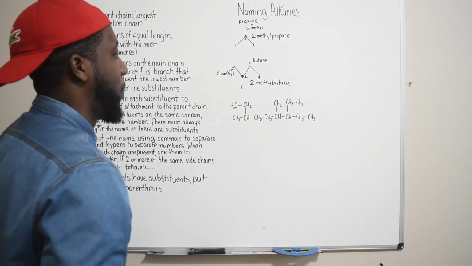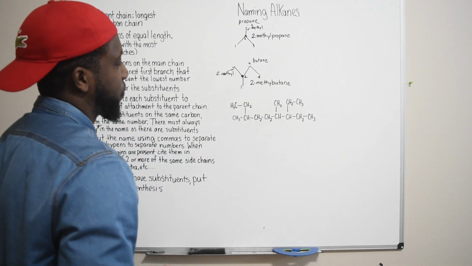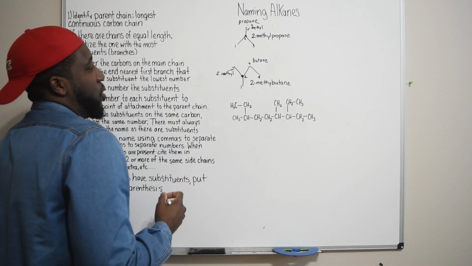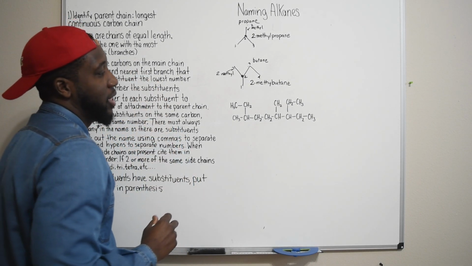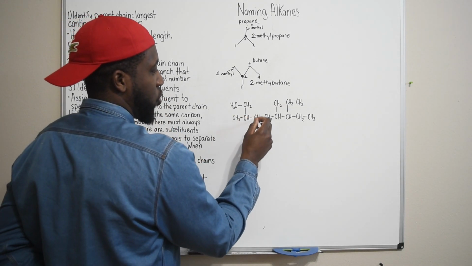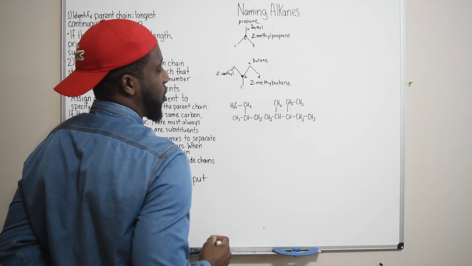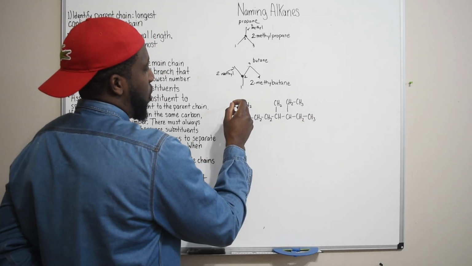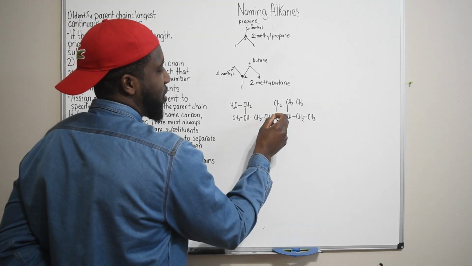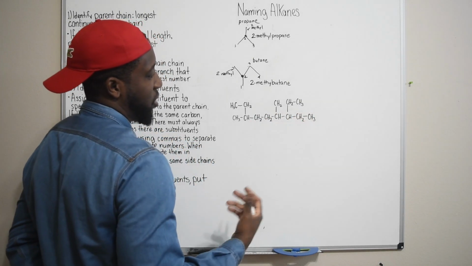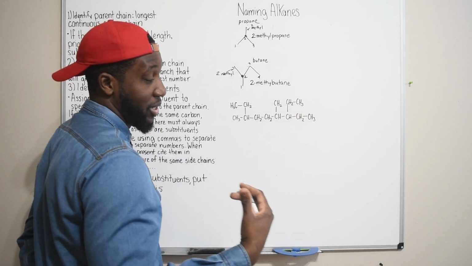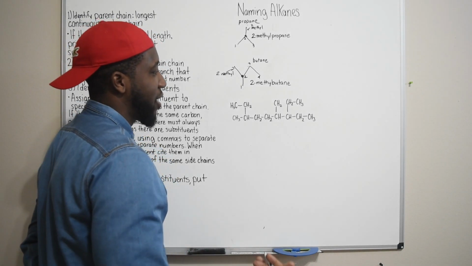Simple. Now let's look at this one right here. We're going to identify the main chain. Let's go 1, 2, 3, 4, 5, 6, 7, 8. Or we can do 1 through 9. So it's going to be nonane, not octane.